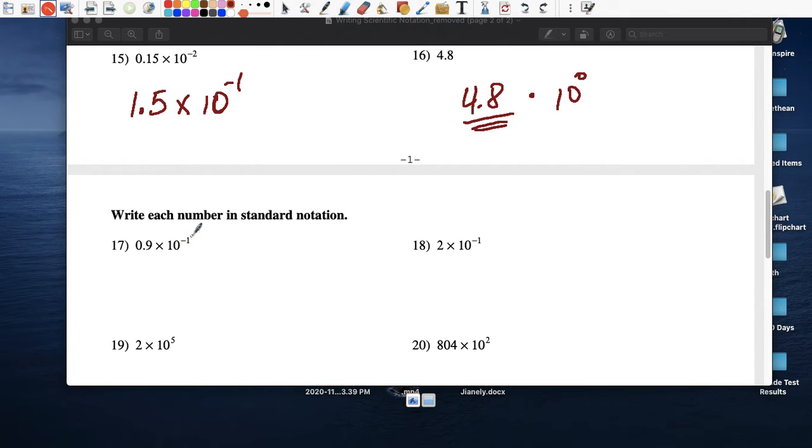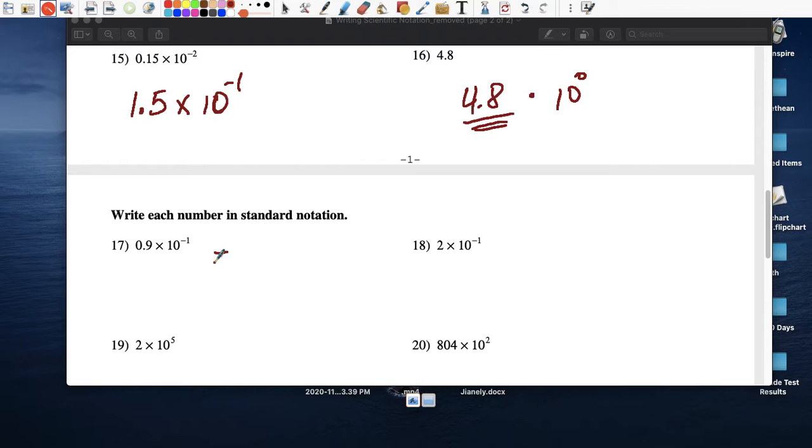So if it's 10 to the negative 1 power, hang on a second. So we're going to move this decimal to the right. How many times? 1 time.